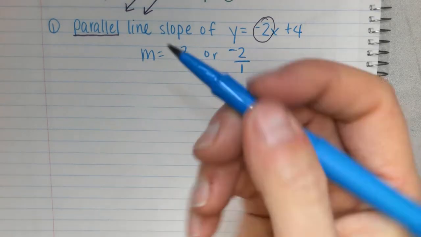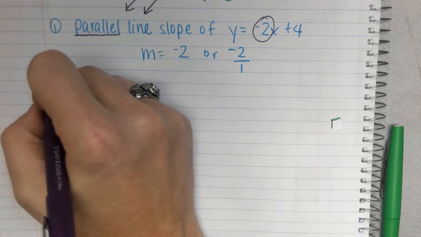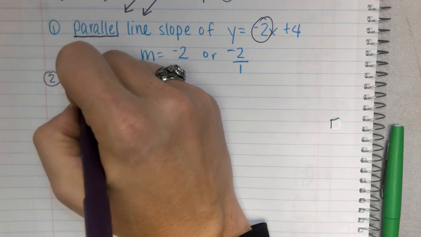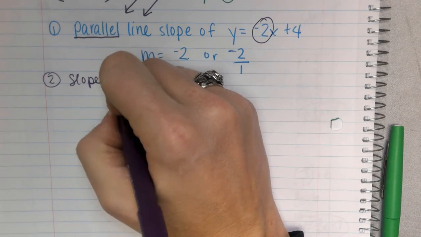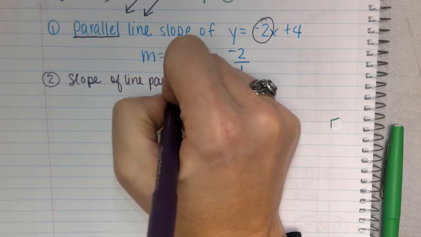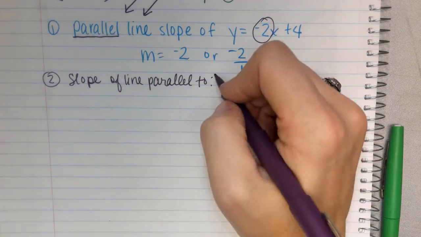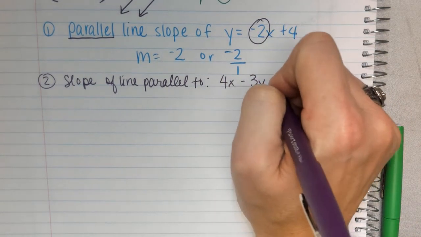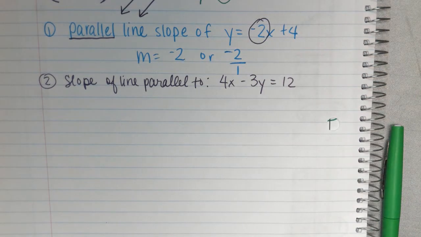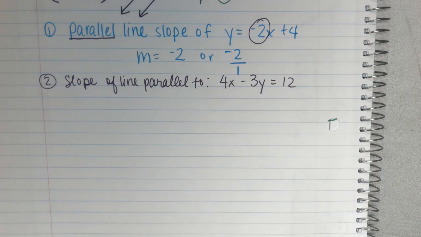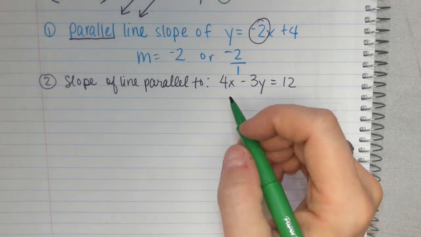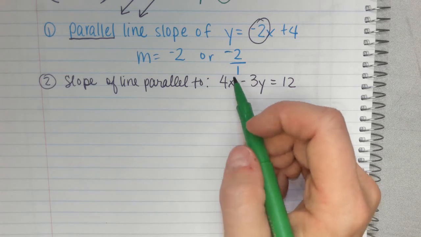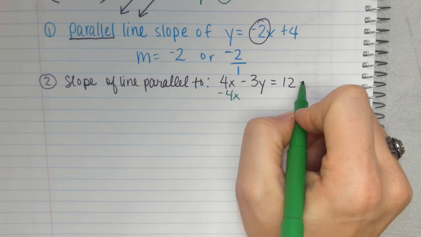So if I were to ask you this question, what's the slope of a line parallel to 4x minus 3y equals 12? Well, we're not having this in y equals form yet, so we need to put this in y equals form. So let's go ahead and do that. We're going to move this 4x to the other side.